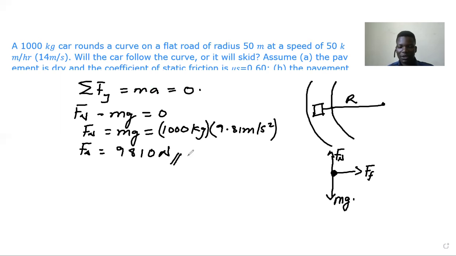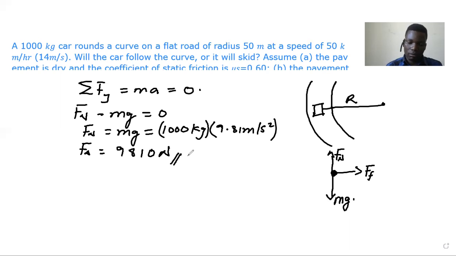Now we have to calculate as well the net horizontal force that is required. Mind you, I said the car will only follow the curve if the maximum static friction force is greater than the horizontal net force. So this horizontal net force is the force that is required to keep this car in a circular motion, around the curve.